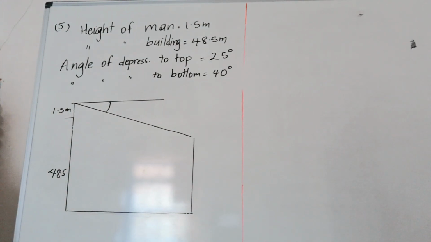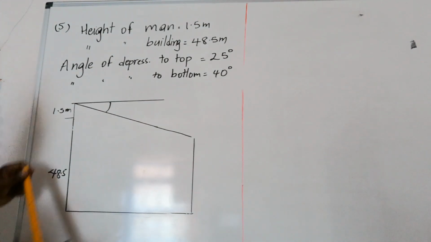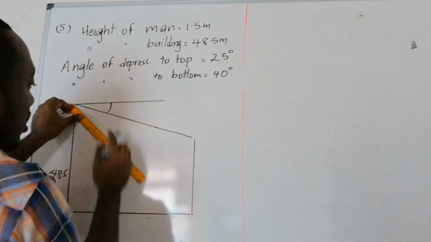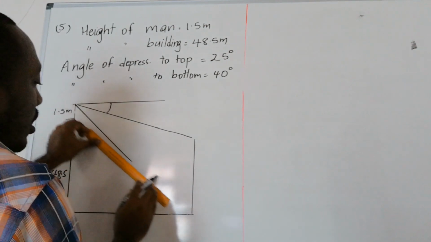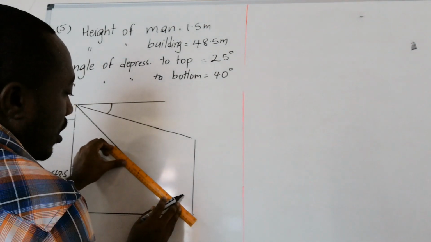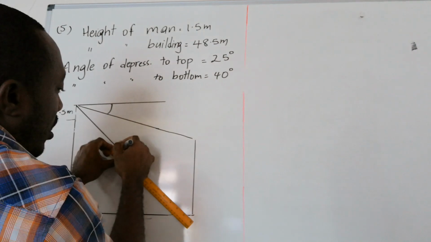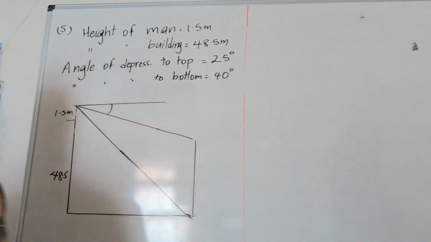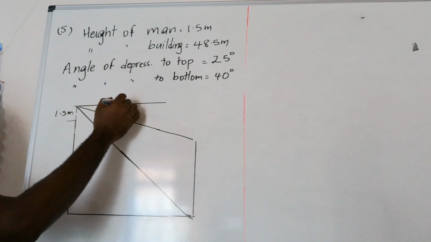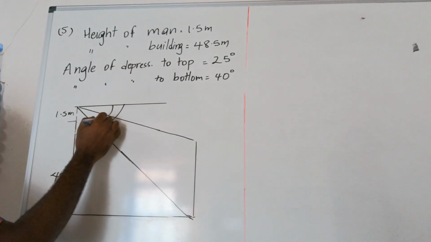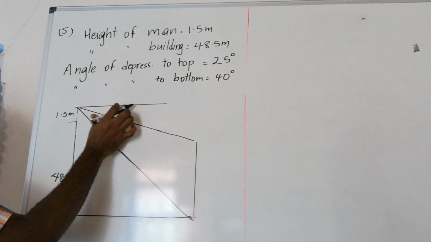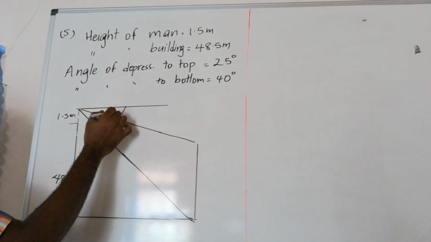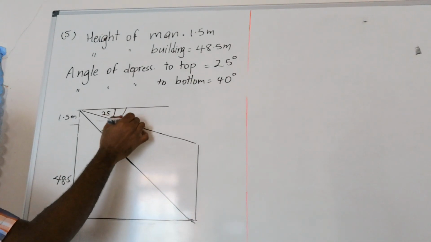And the angle of depression to the bottom of the building, so this is the bottom of our building, that angle of depression is 40 degrees. So here we have an angle of depression of 25, and this angle of depression here is 40.